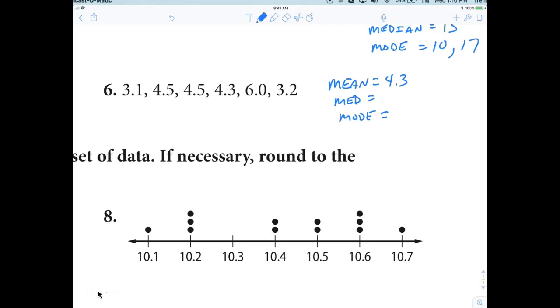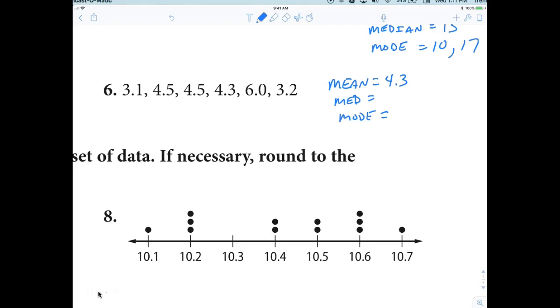Now, how many numbers are there? 6. So technically, is there a middle number? No, because look, if there are 6, pay attention, there are 3 on each side. So I need to find what 2 terms? The 3rd and the 4th. Very good. So I'm going to average the 3rd and the 4th. So here we go.